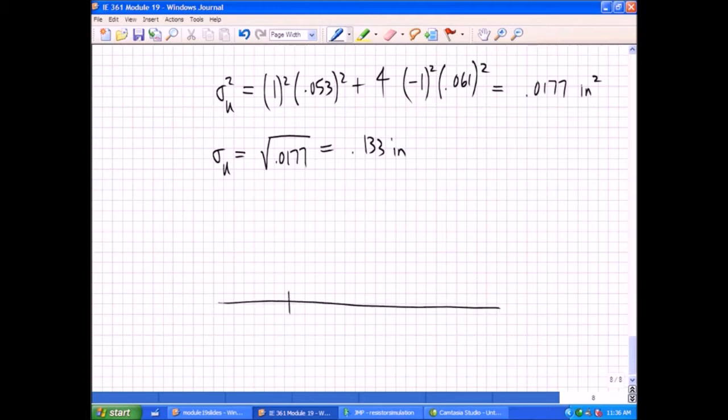If there's 0 head space, here's 0.75 inches. Oops, better get that on the right side. So there's 0, here's minus 0.75 inches. And you've got a distribution here with a standard deviation of 0.133.